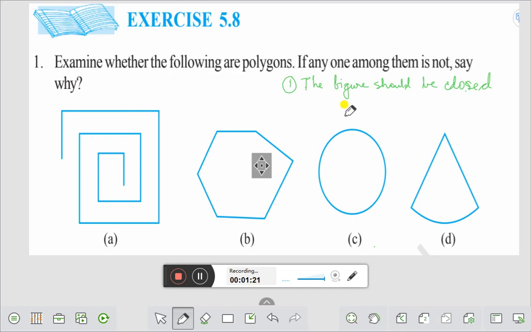The figure should be closed. And the second property is that it should be made of line segment.